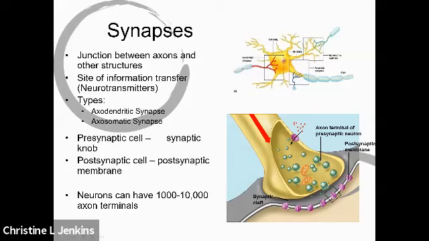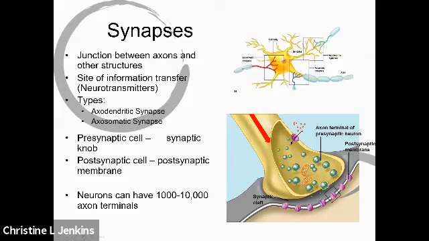You don't need to know, I mean, because I don't think it's worth anything, really. The presynaptic cell is before the synapse. The postsynaptic membrane or postsynaptic cell is after the synapse. Don't have to know it. What I do want to point out is that neurons connect with a bunch of things.